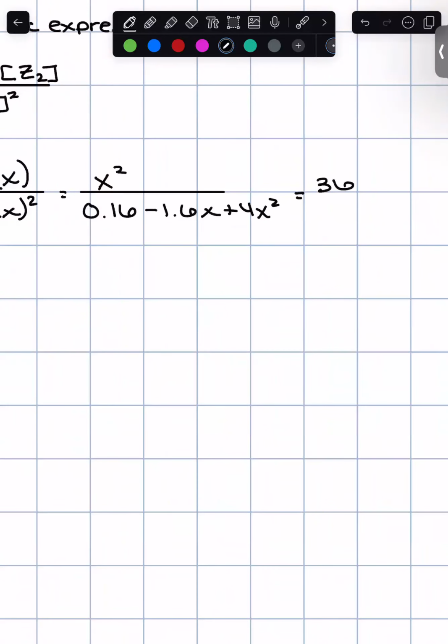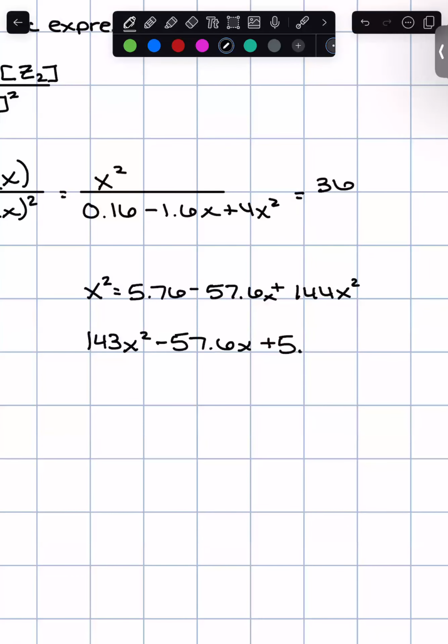So then I'm going to multiply this over here. X squared is equal to, subtract over that x, to get that quadratic equation.